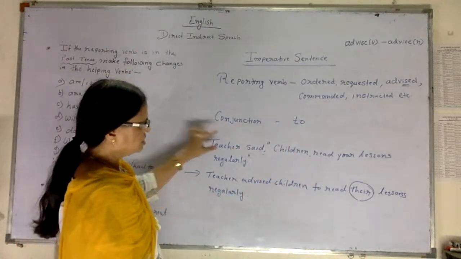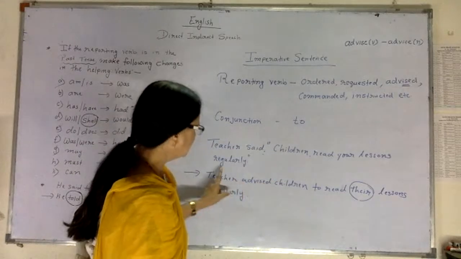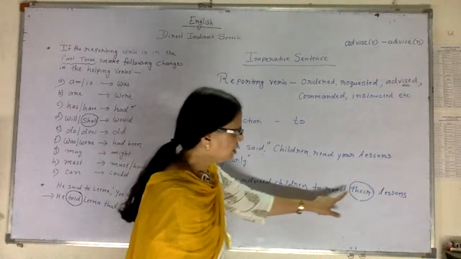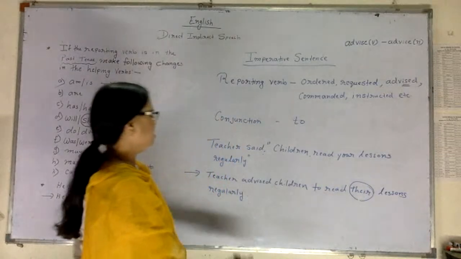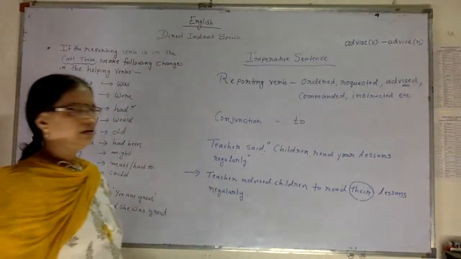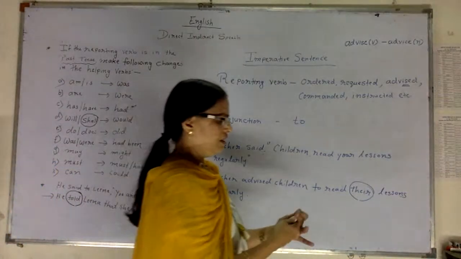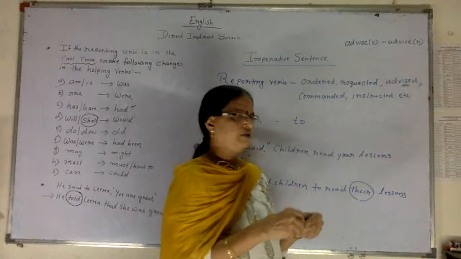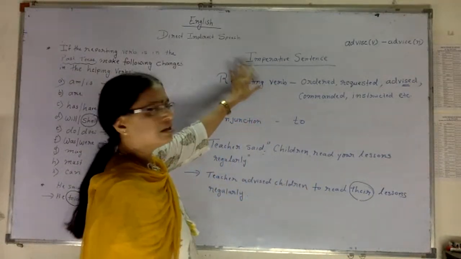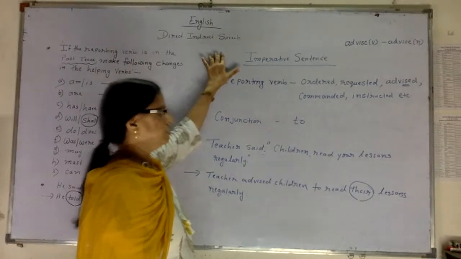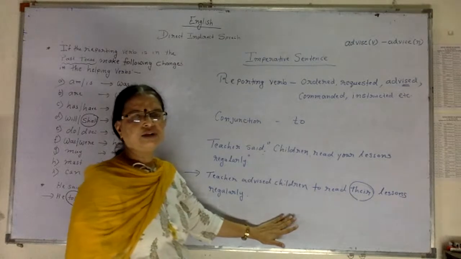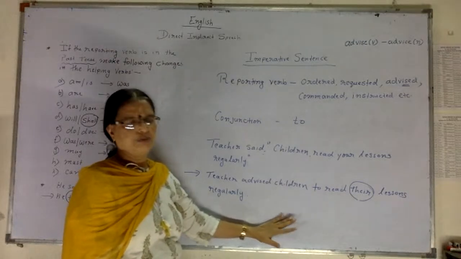So: the teacher advised children to read their lessons regularly. We have seen the changes in reported speech according to the tenses as well as the types of sentences. That's all related to direct and indirect speech. Thank you.